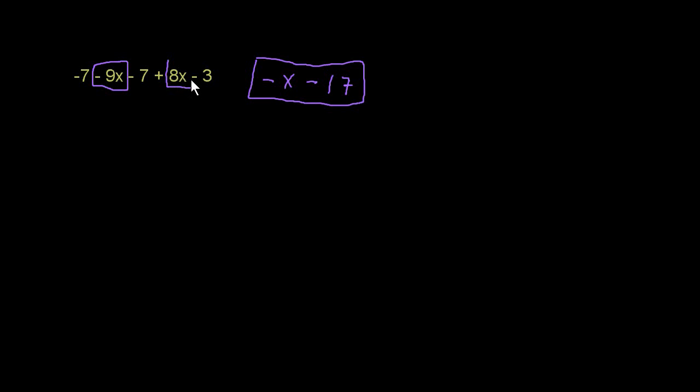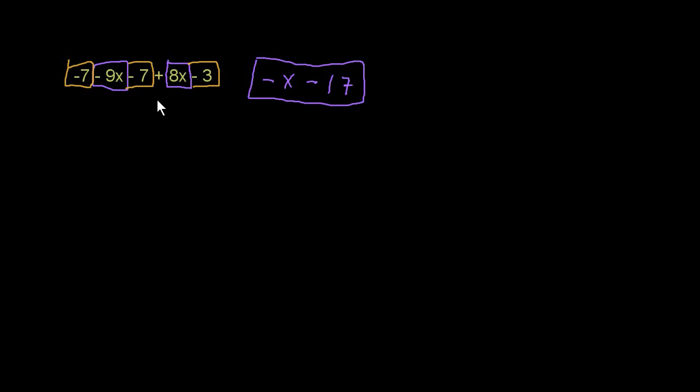Also, negative 7, the second negative 7 over here, and this negative 3 are also like terms. There's no variable in any of these. They're all constant terms. Constant terms are also like terms.